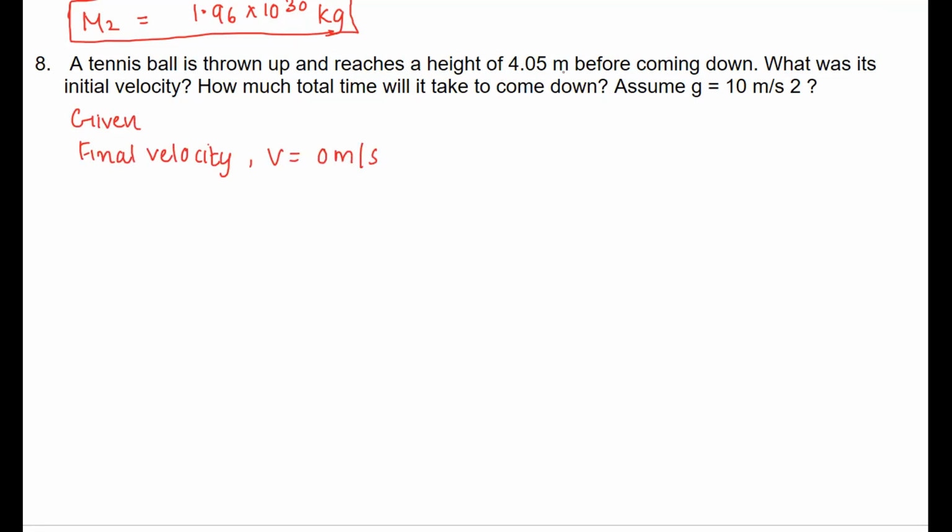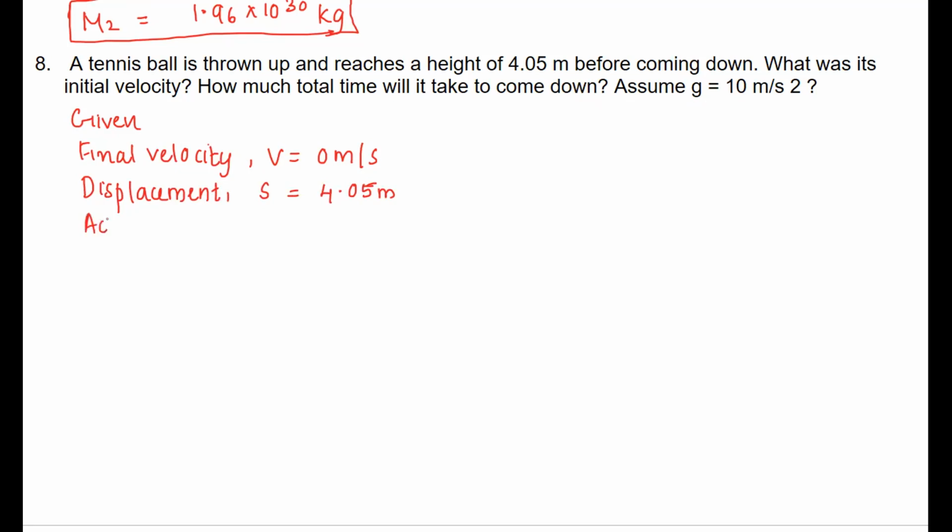It reaches a height of 4.05. That means displacement s is equal to height reached by the object, s is equal to 4.05 meter. What was the initial velocity? How much time will it take to come down? G value is also given.